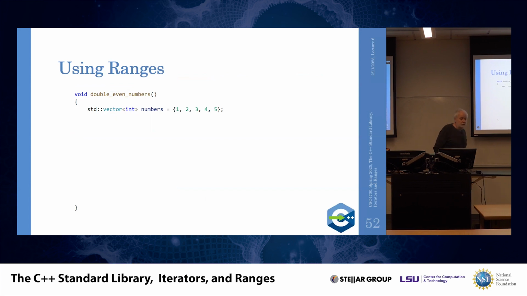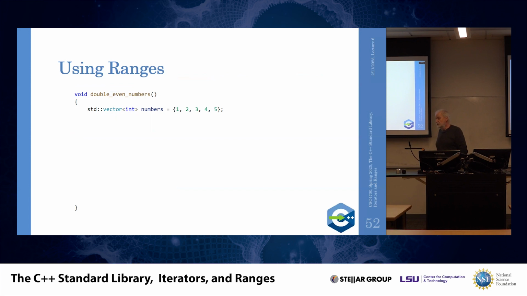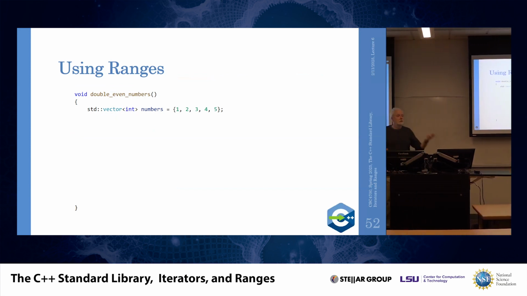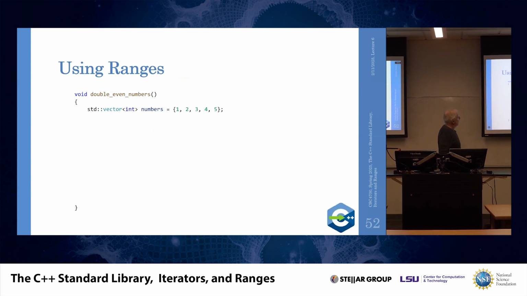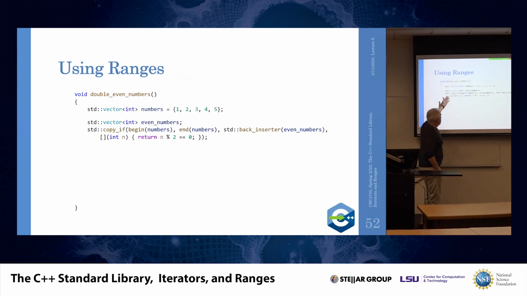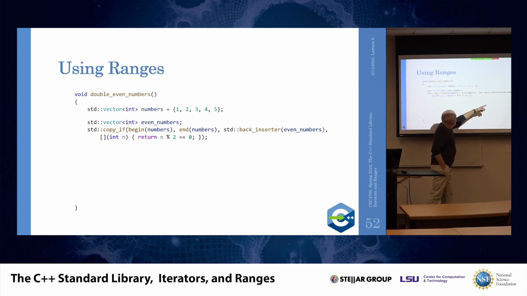Okay, let's use these range algorithms. Let's say we want to take a sequence of integers and double all even numbers in that sequence and generate a sequence that has those doubled numbers in it. So we start off with a vector of 1, 2, 3, 4, 5. We use copyIf, which is yet another algorithm, from begin to end.